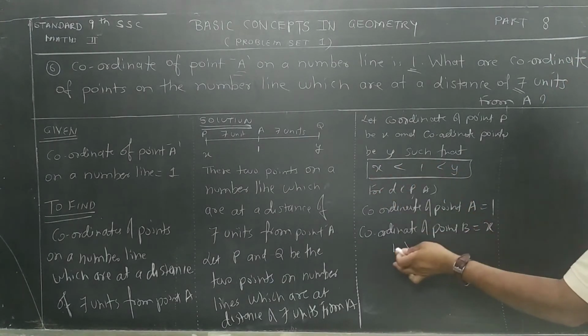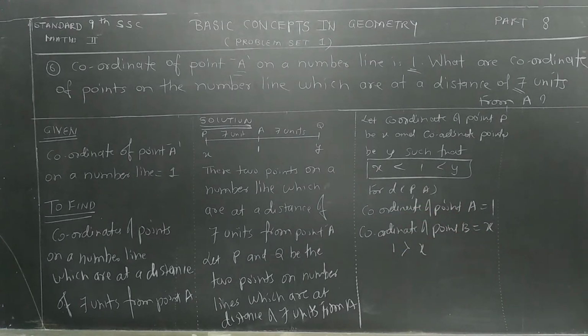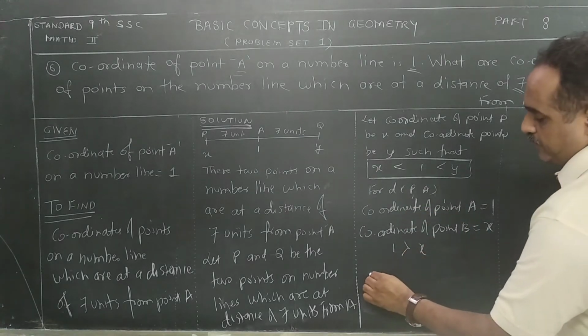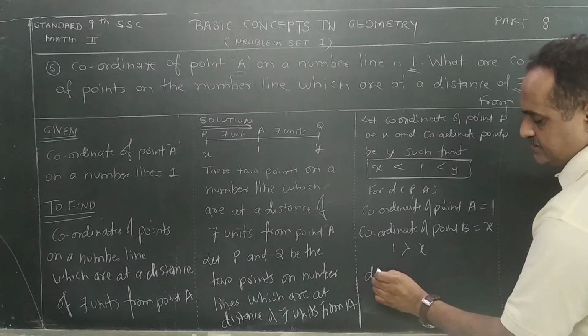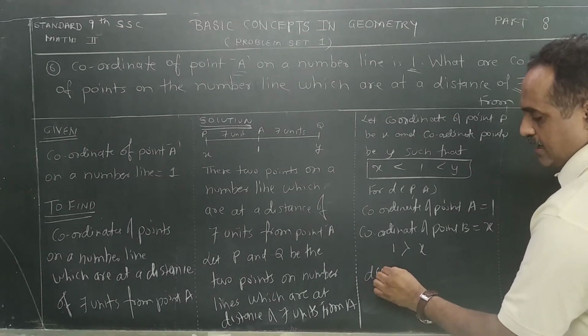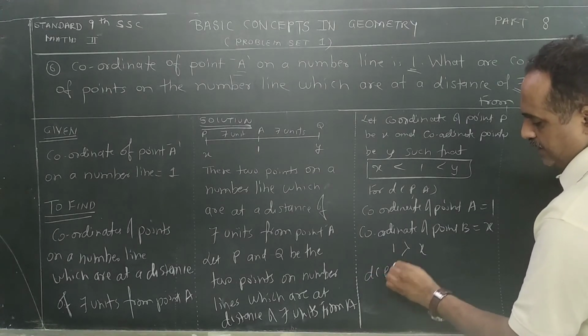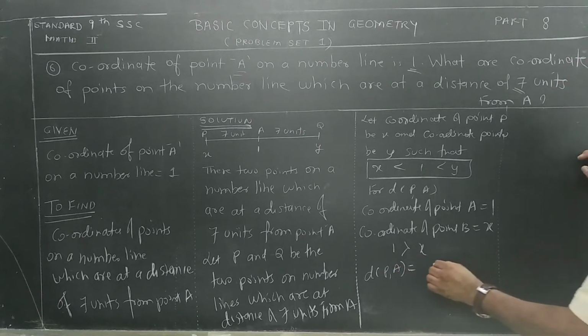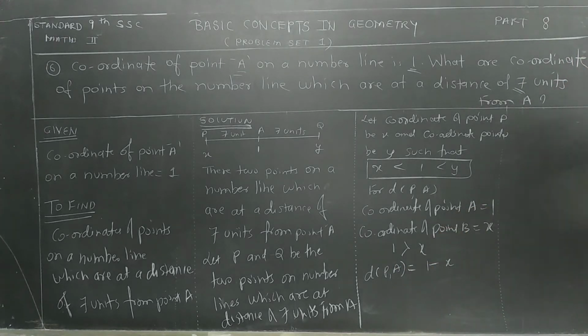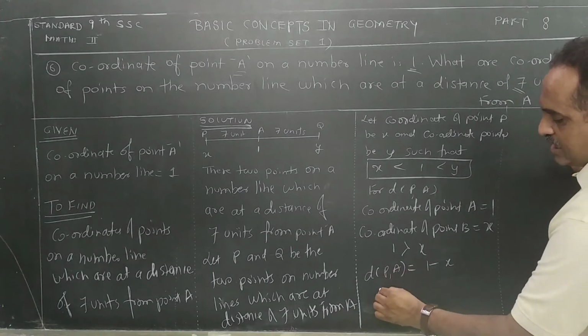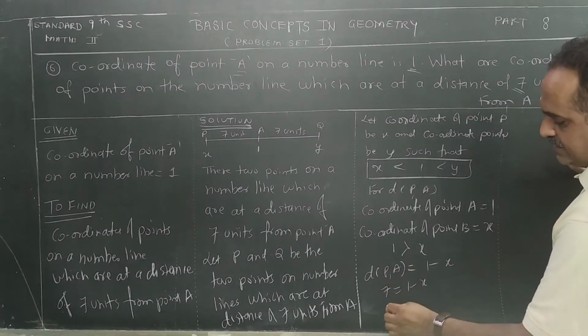X is smaller than 1, 1 is greater than X. Therefore, distance PA is equal to 1 minus X. You got it? 1 minus X is the distance. PA is how much? 7 is equal to 1 minus X.